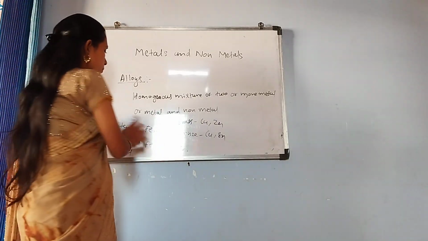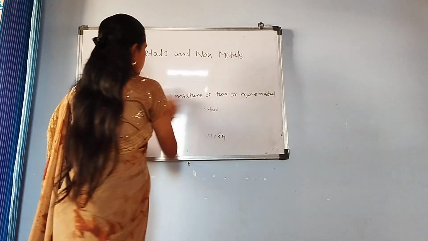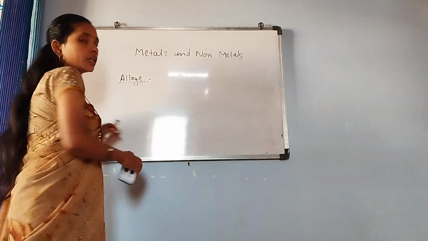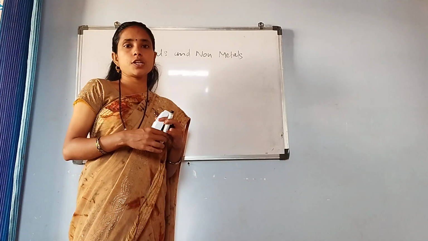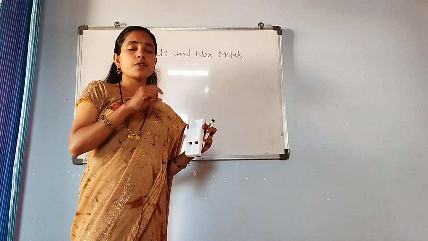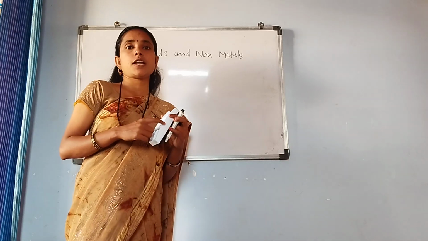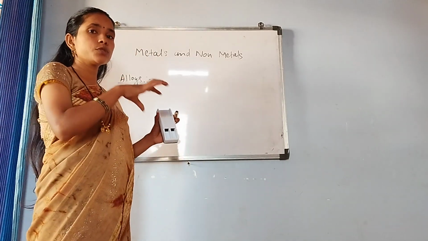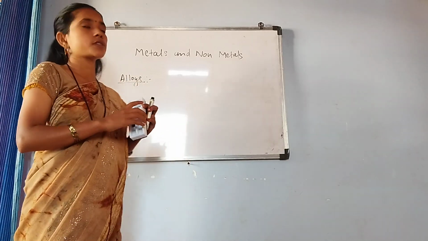So there are certain benefits of alloys. For example, we can take iron. Iron, if you keep it in the air, will undergo oxidation. Because of that oxidation, corrosion of iron happens, rusting happens. So to prevent that corrosion and rusting, we use iron in the form of alloys.